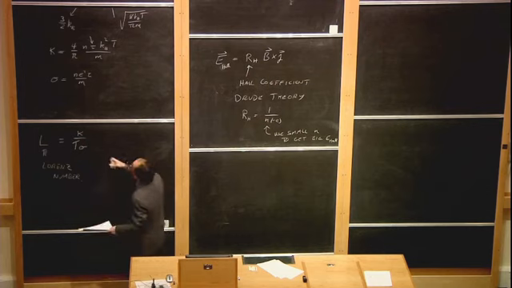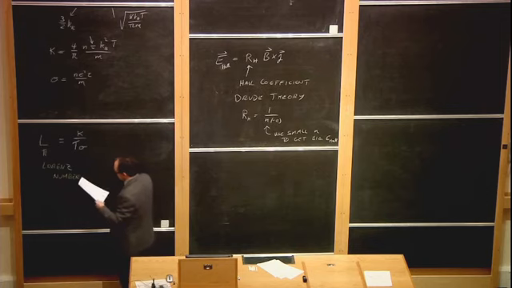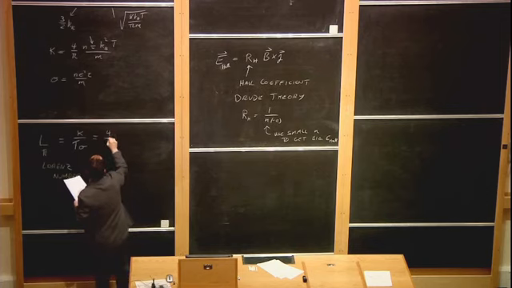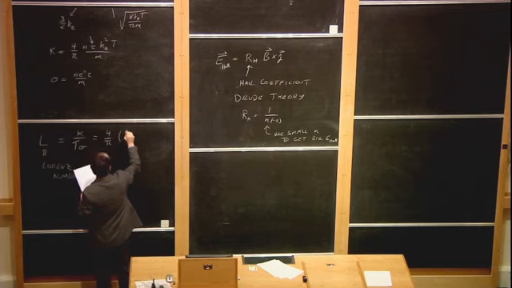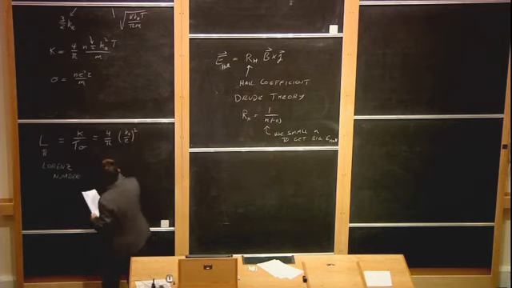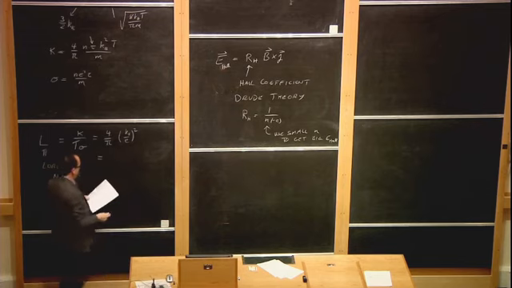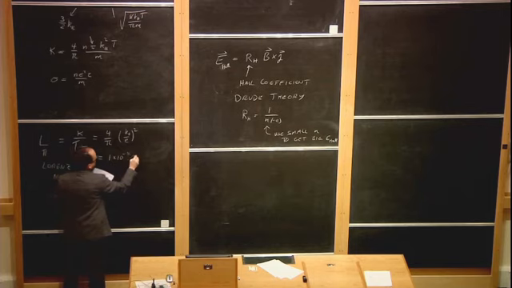So we can take the ratio of the thermal conductivity to T times sigma here. The taus cancel, and we're left with just 4 over pi and kB over e squared, squared. That's it. And this result, well, if you put in numbers, you discover it's 1 times 10 to the minus 8 watt-ohms per Kelvin squared.